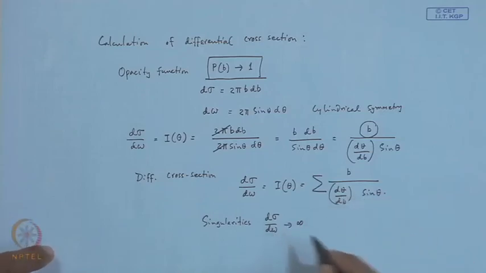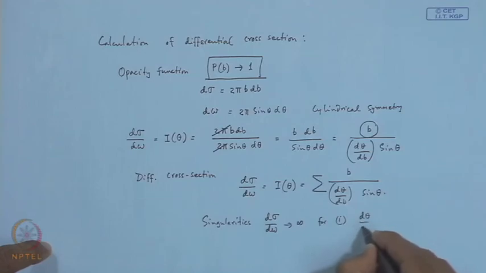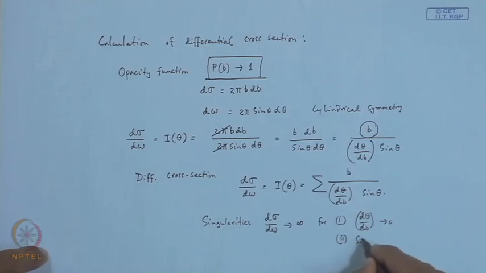That is, tends to infinity for number 1, d theta dB tends to 0, or number 2, sin theta tends to 0. Sin theta tends to 0 means one situation, and d theta dB tends to 0 means another situation.